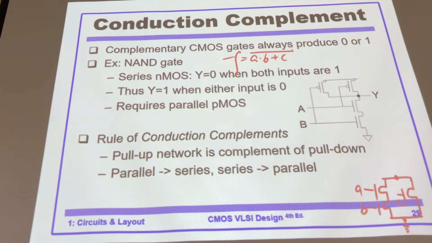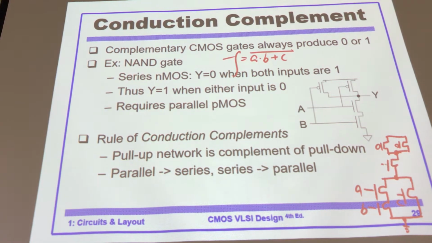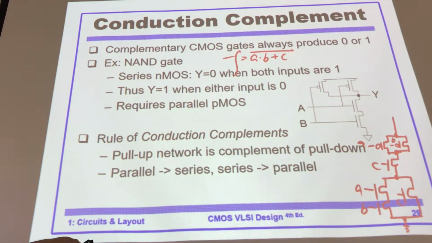A and B have to be in parallel connection, and C should be in serial. It looks like this. When AB is in serial in the N network, then in the P network it should be in parallel. C in parallel there has to be in serial here. Just complements of each other.